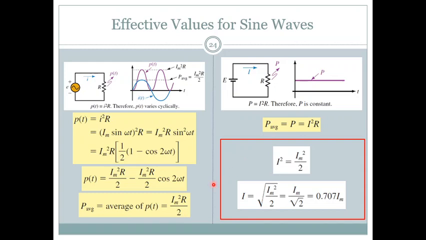When you equate these two, you get I squared is equal to Im squared over 2, meaning that I is equal to Im over root 2. So that is the effective value, right? The effective value for a sinusoid is the amplitude divided by root 2.